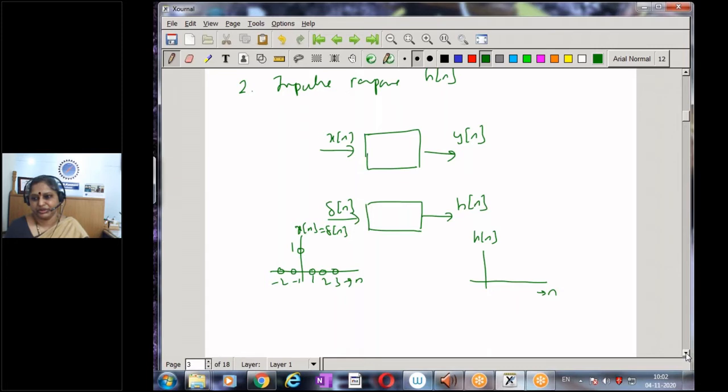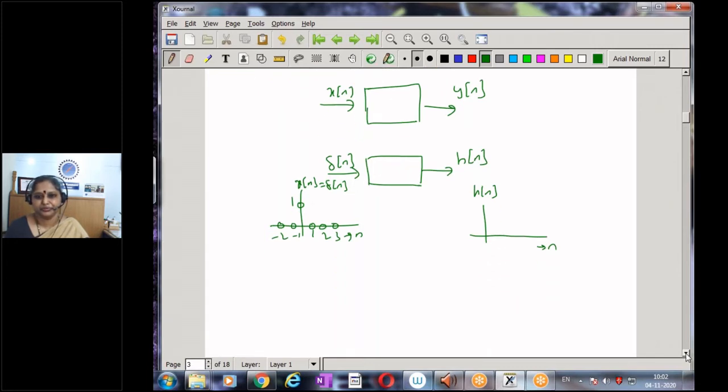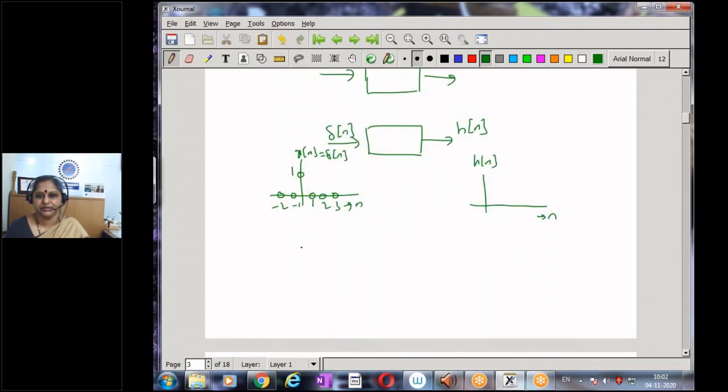So now let us take the difference equation.